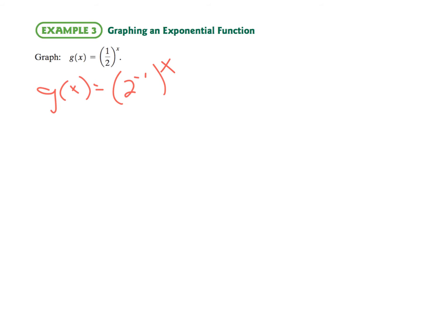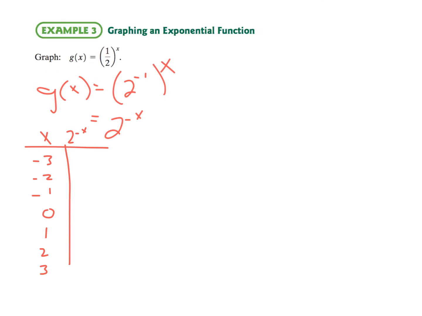So this is actually equal to 2 to the negative x. Let's use this version of the function to create our table of values. Again, I pick negative 3, negative 2, negative 1, 0, 1, 2, and 3, very similarly to 2 to the x.